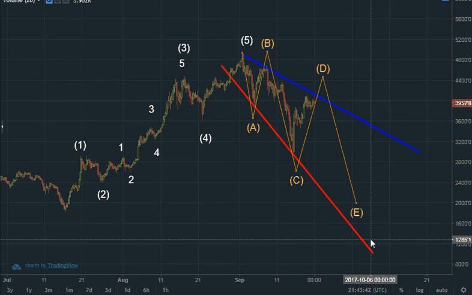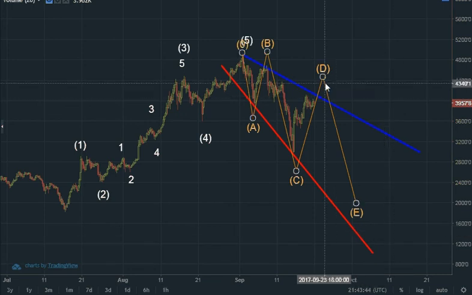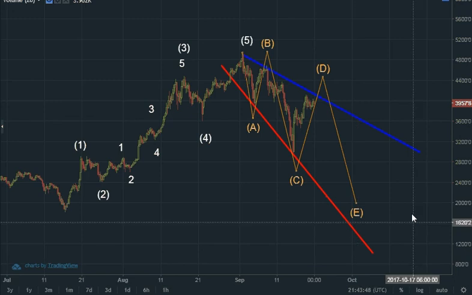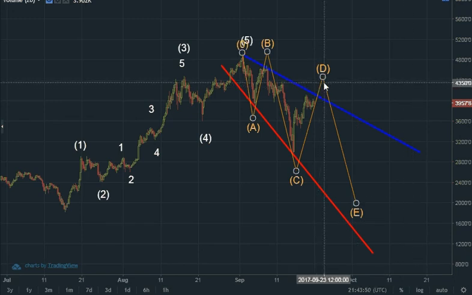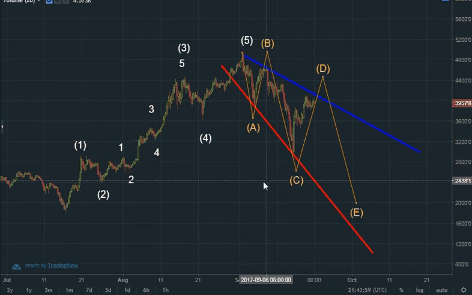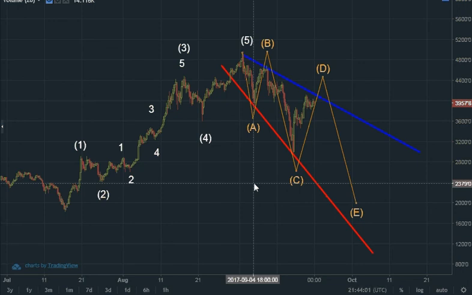But the analogy I've always given is that Bitcoin is the moon that moves the tides of the cryptocurrency ocean. If and when Bitcoin sneezes, the altcoins will catch the flu. And what that means is it's called an all-the-same market.